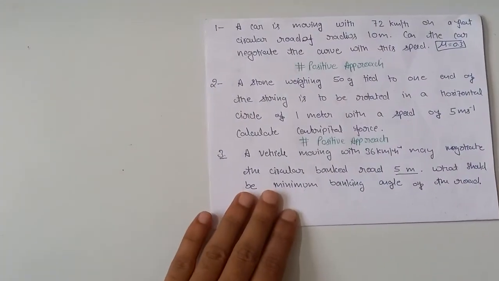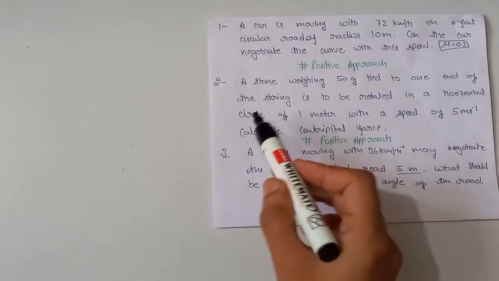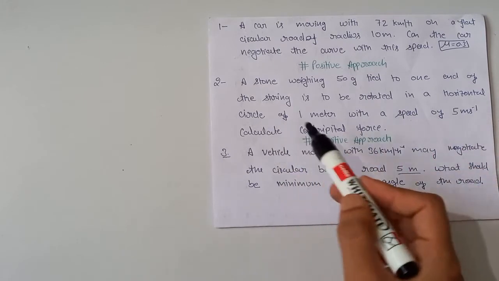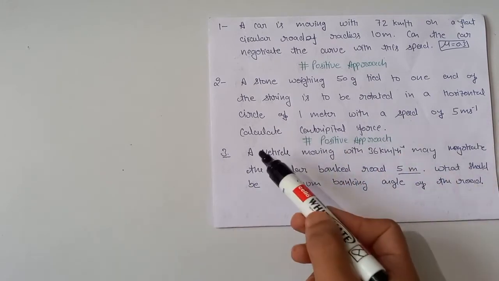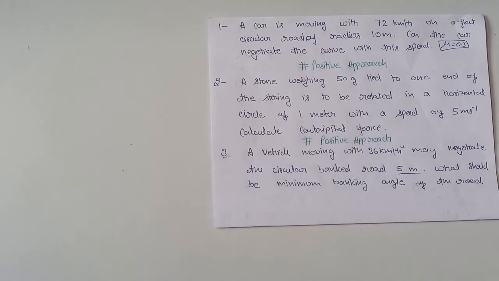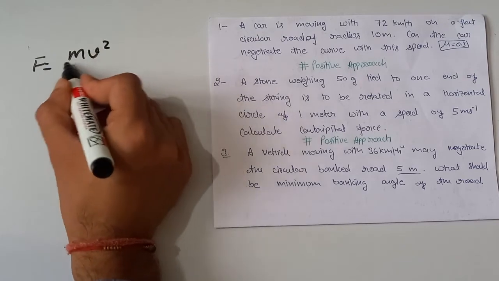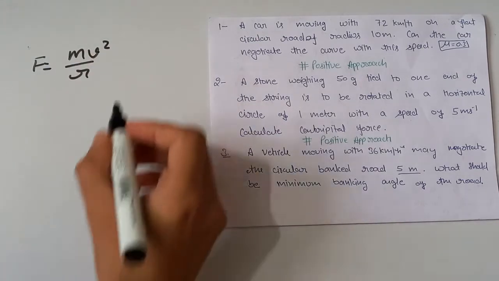Our next numerical: a stone weighing 50 gram tied on one end of a string is to be rotated in a horizontal circle of 1 meter with the speed of 5 meter per second. Calculate the centripetal force. We know the formula of centripetal force, F is equal to mv square divided by r, where m is the mass of the body, v is the velocity, and r is the radius.